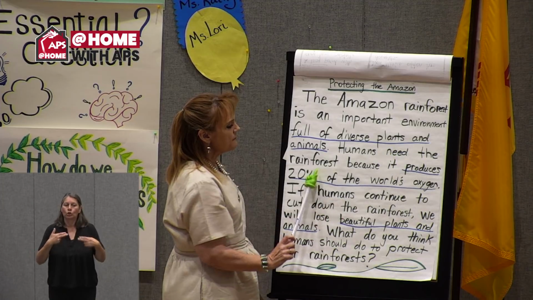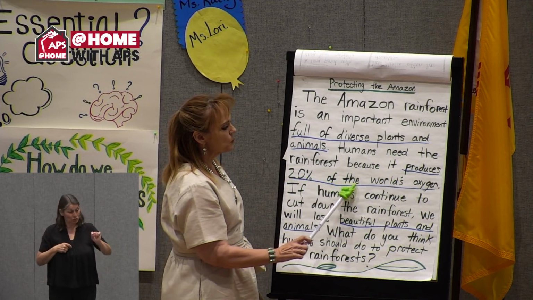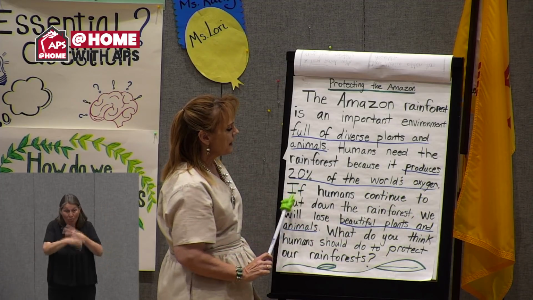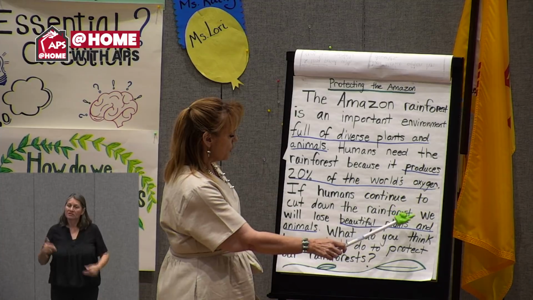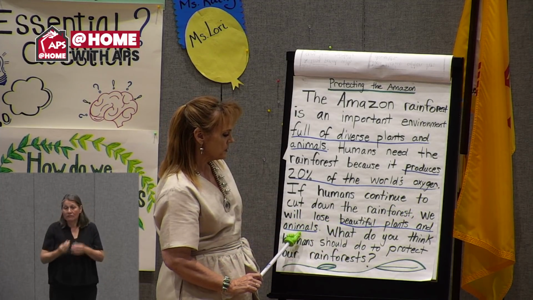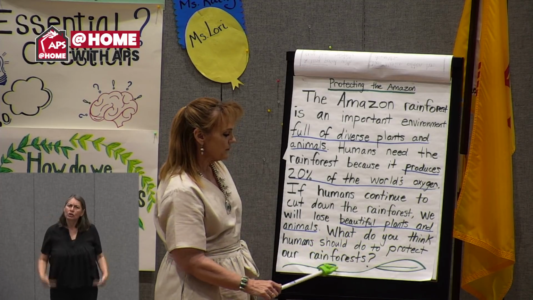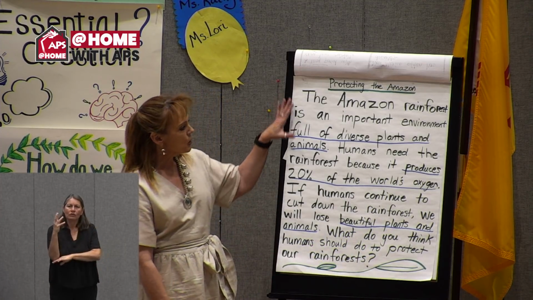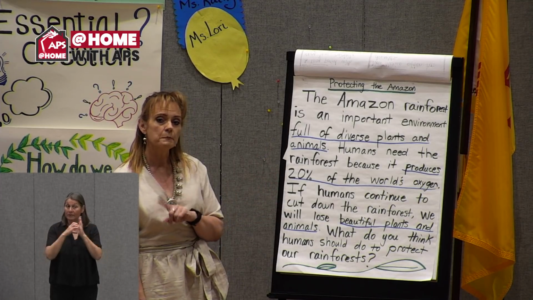Humans need the rainforest because it produces 20% of the world's oxygen. If humans continue to cut down the rainforest, we will lose beautiful plants and animals. What do you think humans should do to protect the rainforest? So this was her informational paragraph that she wrote based on one book.